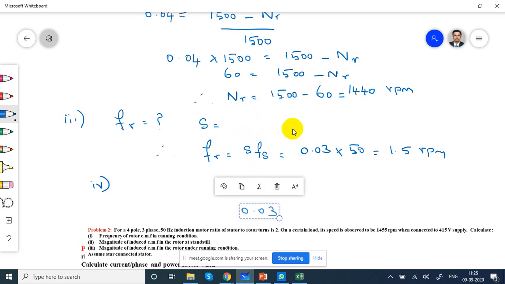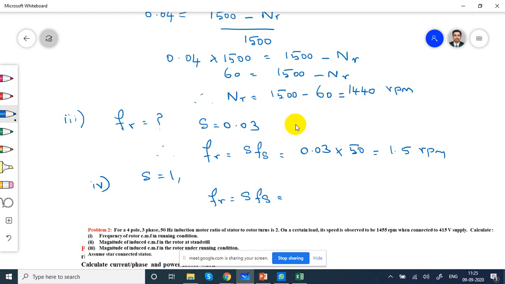What are they asking? The frequency of rotor current at standstill, that is S equal to 1. So Fr equal to S into Fs, which is 1 into 50, which is 50 Hertz.